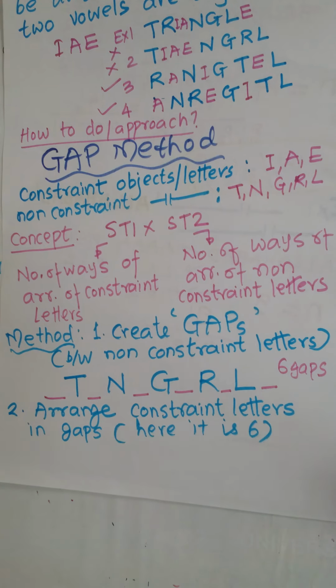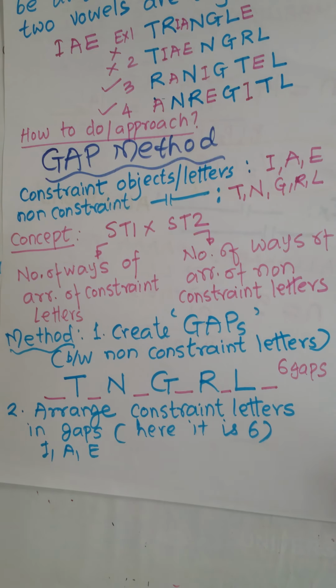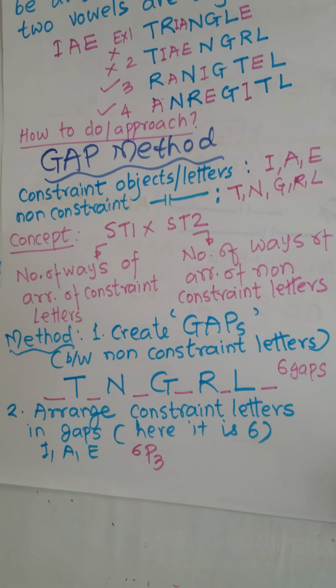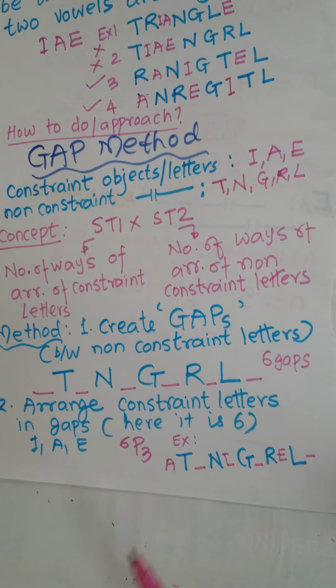The constraint letters are I, A and E. They can be arranged in 6 gaps in how many ways? Yes, 6P3 ways. For example, A, I and E occupy this space and this space, like this.